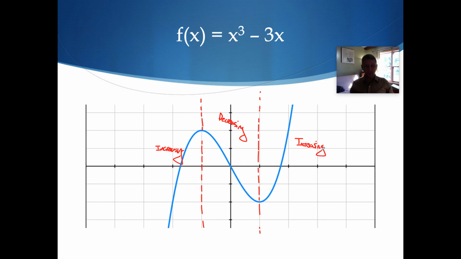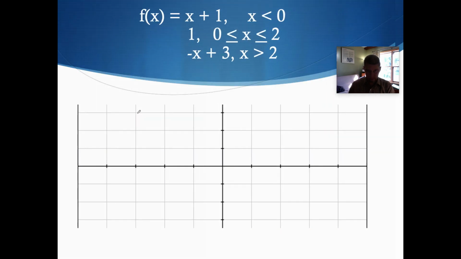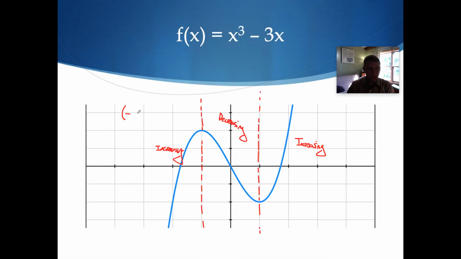All right, and so how do we define this? Well, here we start with negative infinity. Negative infinity to this point is -1.